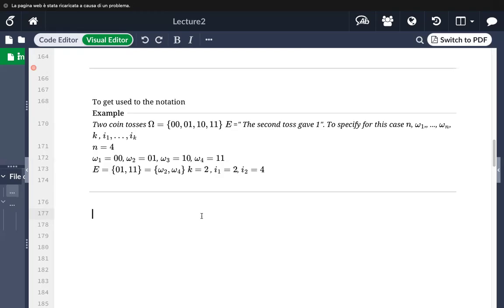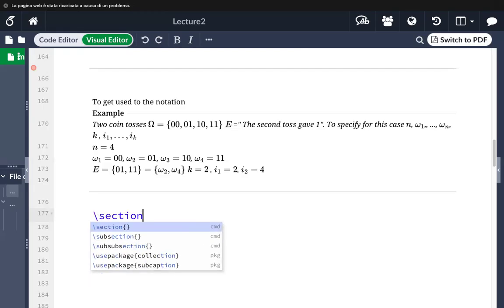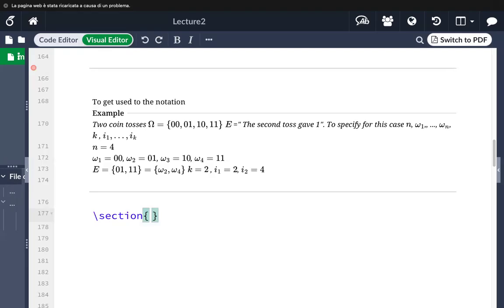The first important example is the uniform probability, which is what you expect. It is when you have no preference on the outcomes, when there is no favorite outcome.